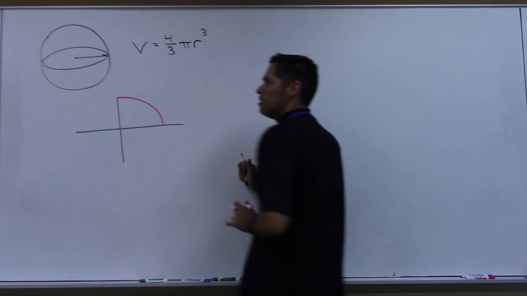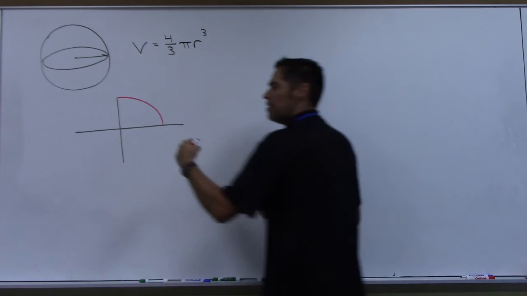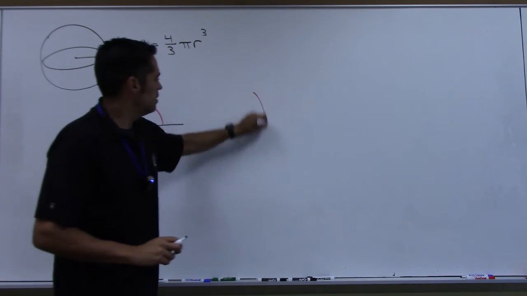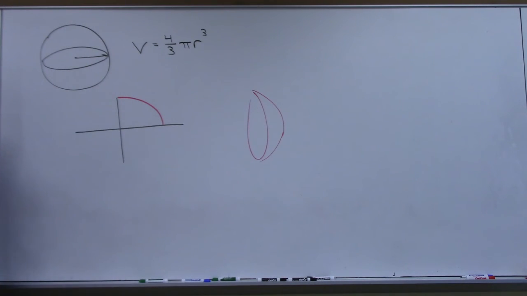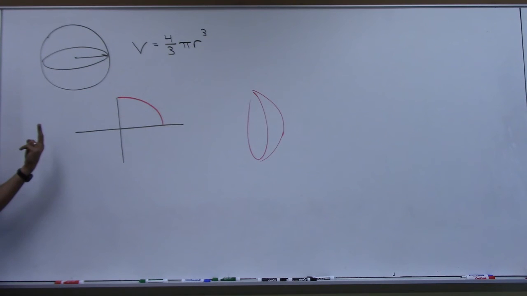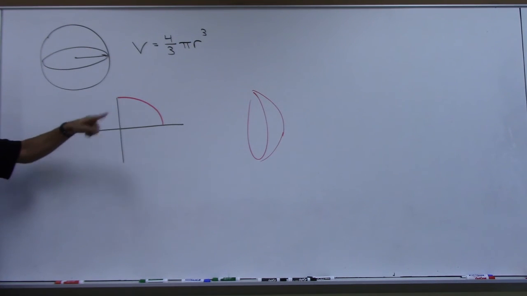Just take the first quadrant of a circle and rotate that around the x-axis, and what would you get? You would get half of a sphere, and then you just take that answer and multiply it times 2. Did I say 4? I said 2. I'm sorry. Yes, multiply it times 2. Yeah?